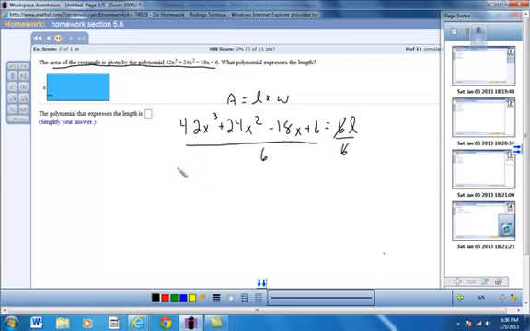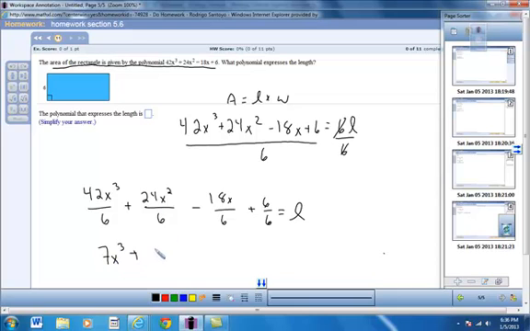So now you notice, just like the previous problems we were doing, we're just going to separate. We're going to have 1, 2, 3, 4 fractions, and the denominator will be 6. 42x^3 over 6 plus 24x^2 over 6 minus 18x over 6 plus 6 over 6 gives us L. We just simplify this. 42 divided by 6, 7x^3, 24 divided by 6, 4x^2, 18 divided by 6, negative 3x, 6 divided by 6, plus 1.